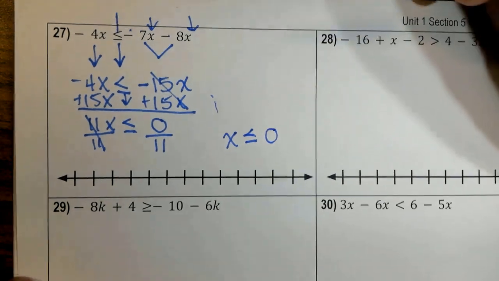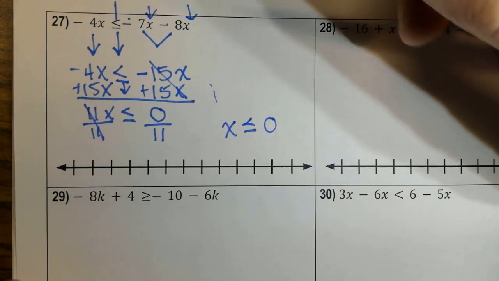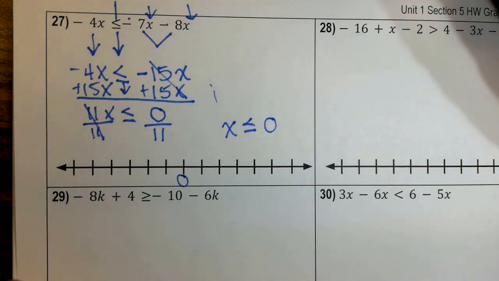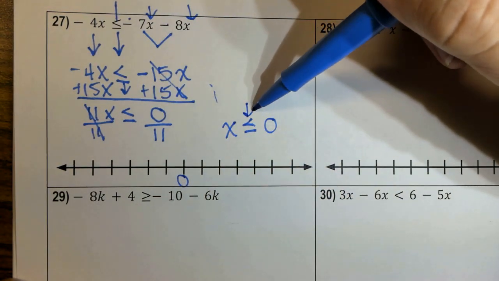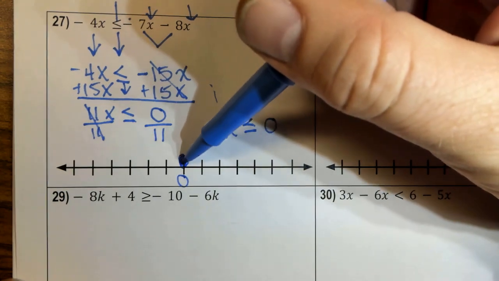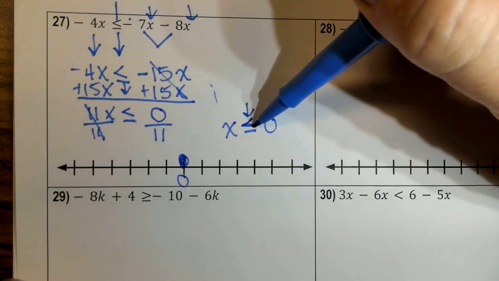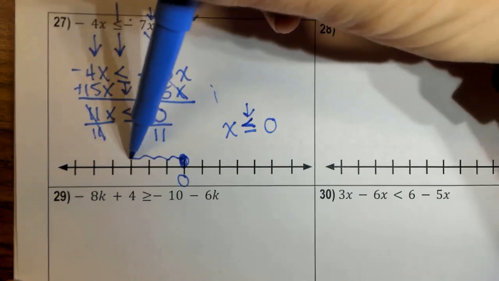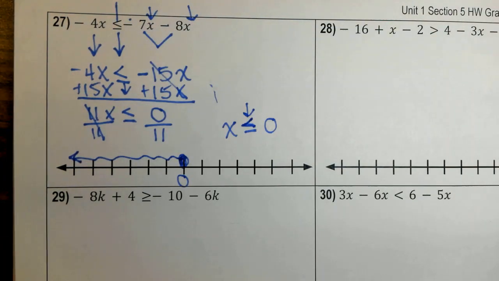Okay? Now I can graph it. I'm going to put 0 somewhere, doesn't matter where. And then my symbol is underlined, so I have a closed circle, and less than goes left. And that's my answer.